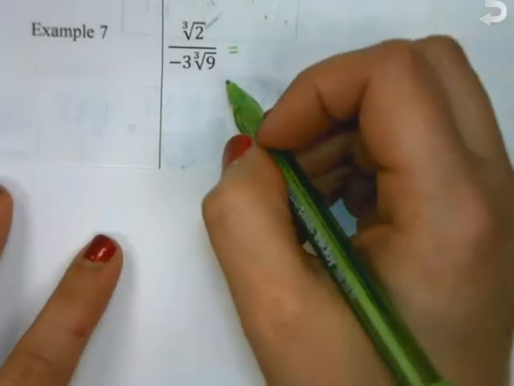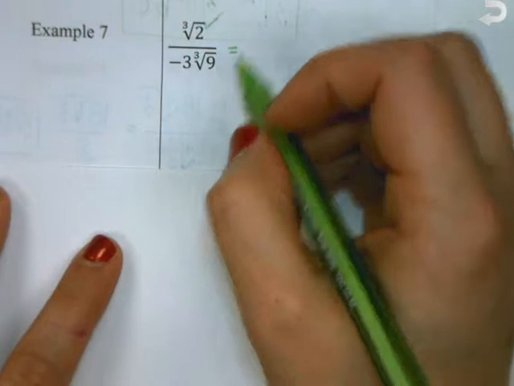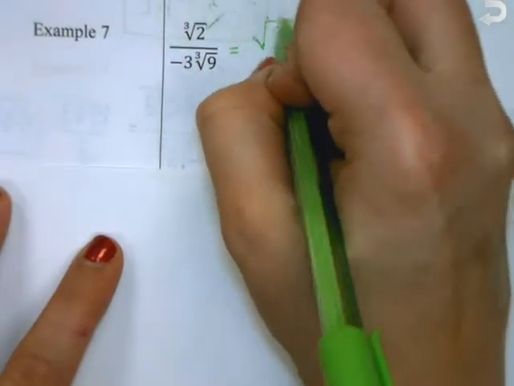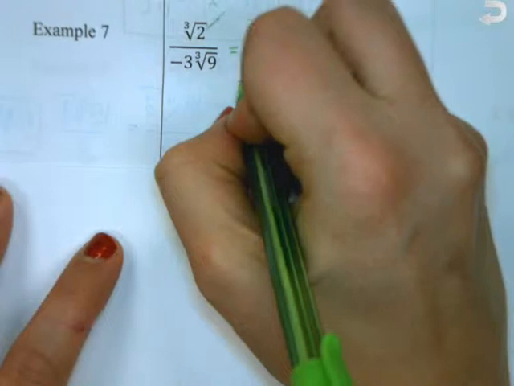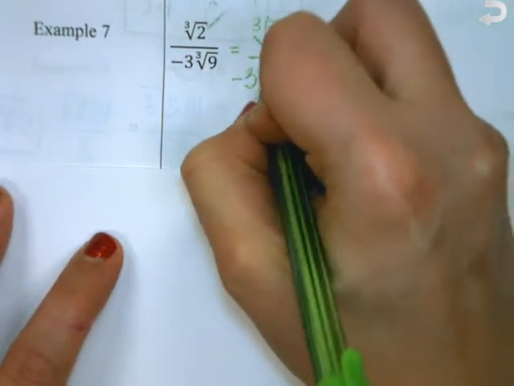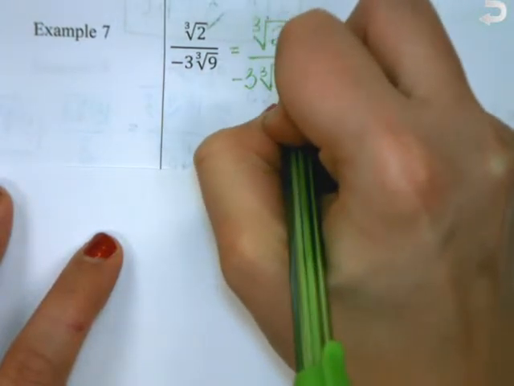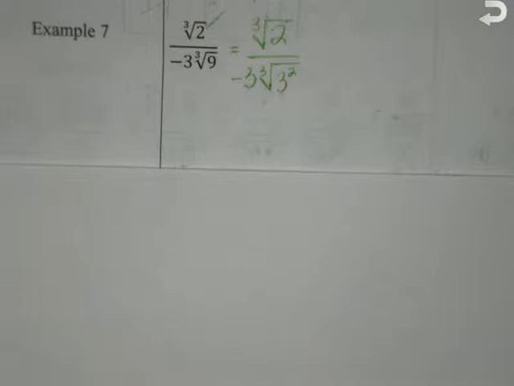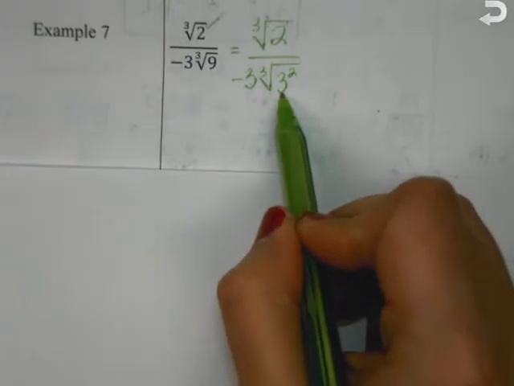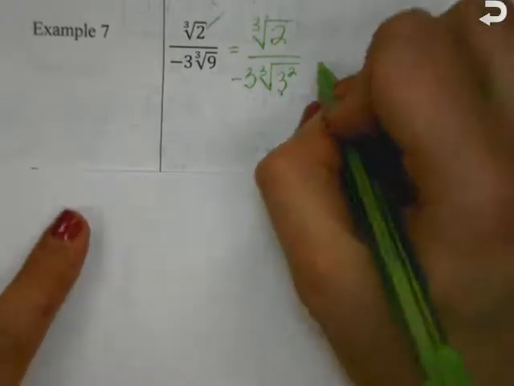So this is the cube root of 2 all over negative 3 times the cube root of 3 squared. How many 3's am I missing to get rid of the cube root of 3 squared? Just 1. So multiply the numerator and denominator only by the cube root of 3.